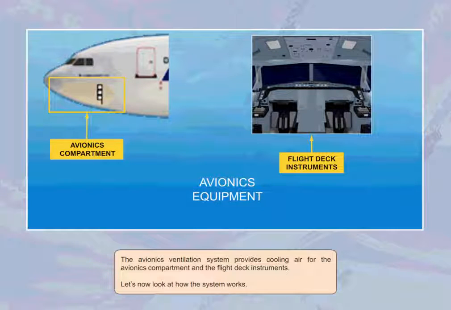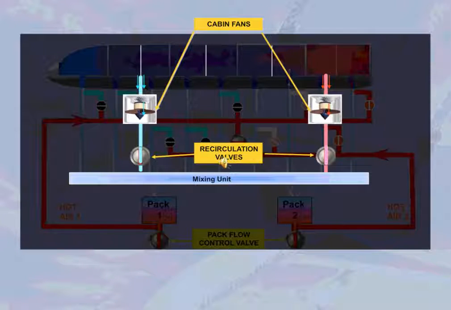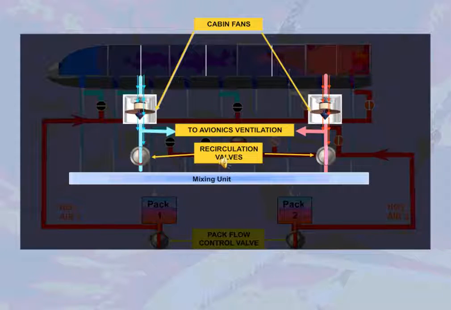Two cabin fans, which blow air to the mixing unit of the air conditioning system, are also used for the avionics system, as shown. Note: the cabin fans run continuously as long as the aircraft electrical system is supplied.